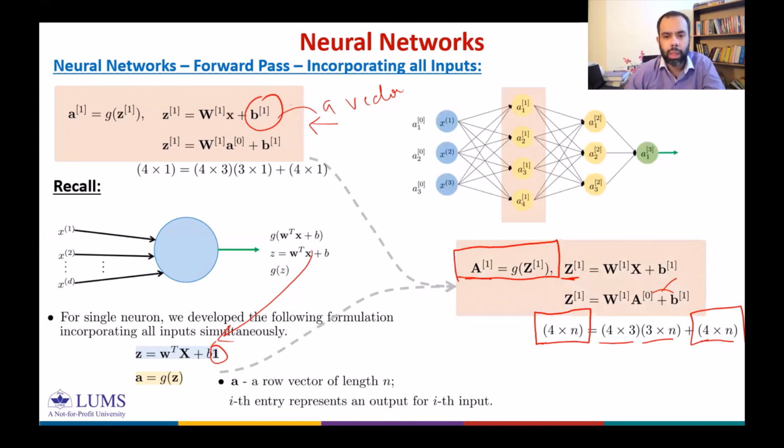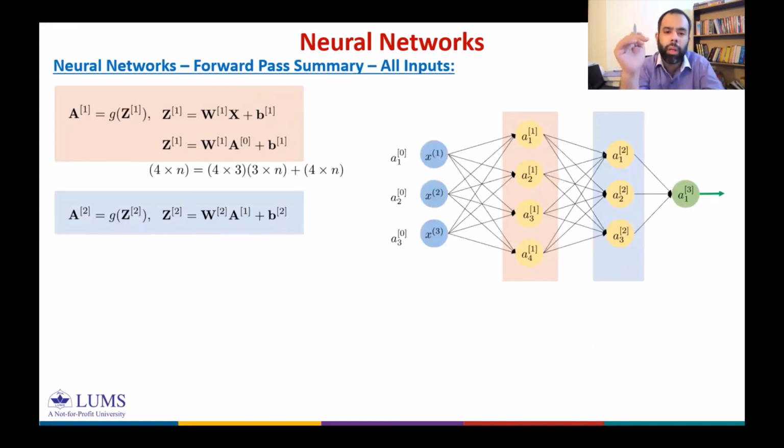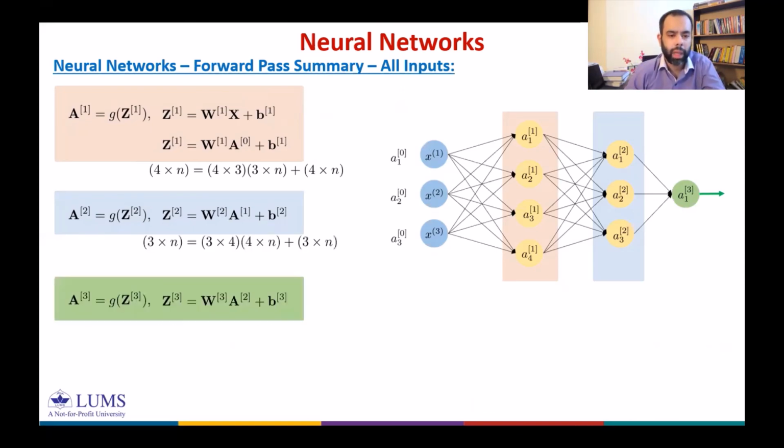We can build on this and define equations for layer 2 and again for layer 3, and you can quickly see that these are all mathematically consistent. Finally, you obtain n outputs for n inputs. So these are the equations for this example network.